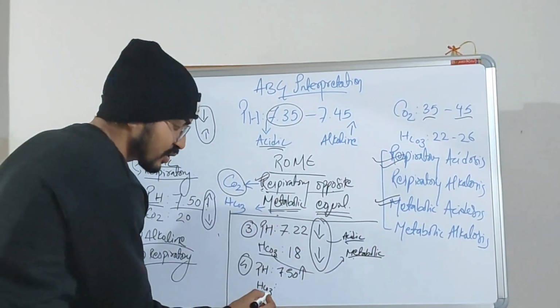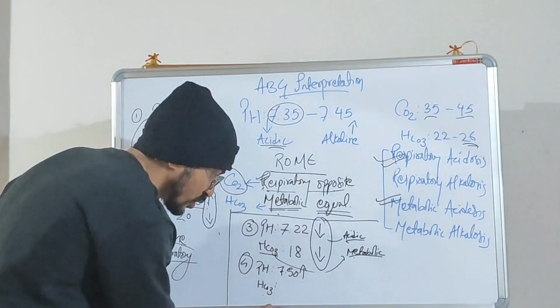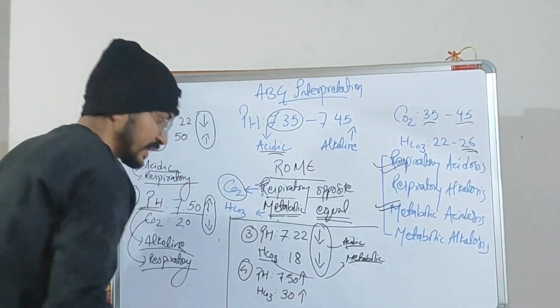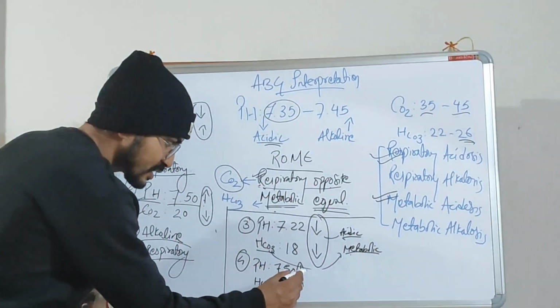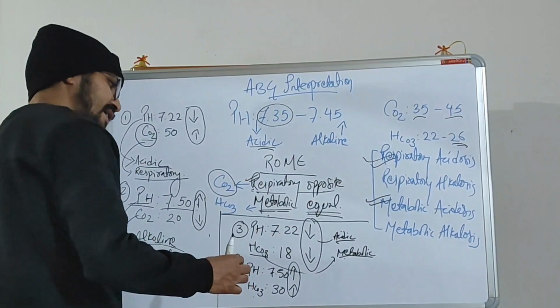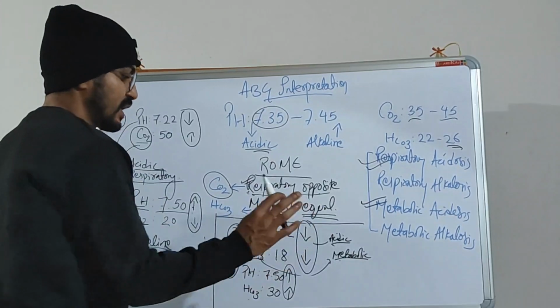So HCO3 also needs to move upward from its normal range, that is above 26. Take for instance, this value is at 30. Alright. So whenever we see the values moving in the same direction, that means metabolic is always equal.